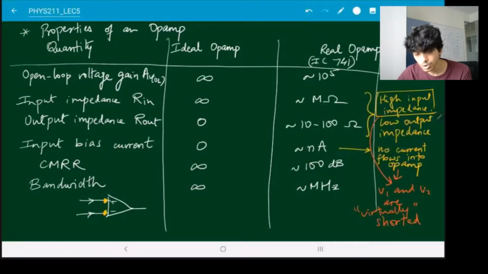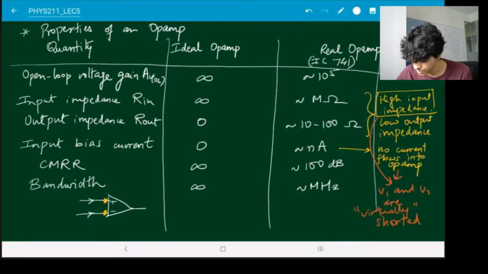Because if it was a real short, then all the current would flow through it. But in reality, there is no current flowing in it. So it's a virtual short. You can always treat the inverting and the non-inverting terminals of your op-amp as being at practically the same voltage level. But there is no current flowing into the op-amp. So these are the properties that I wanted to talk about.